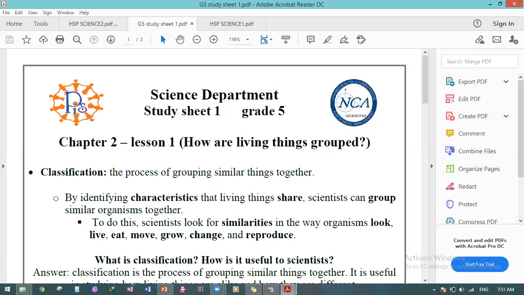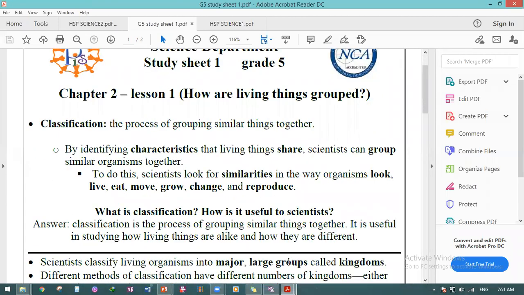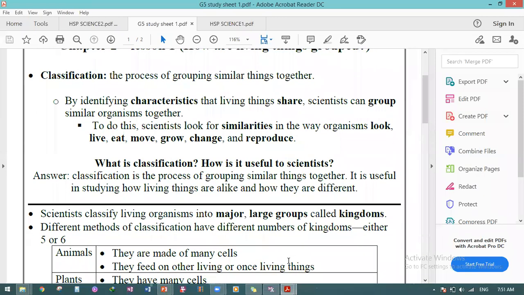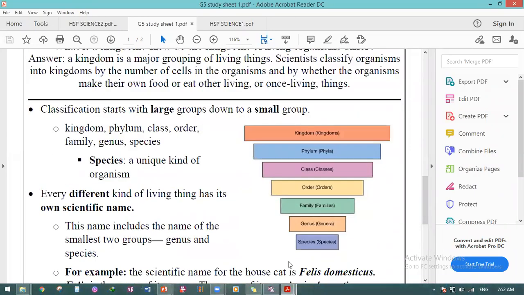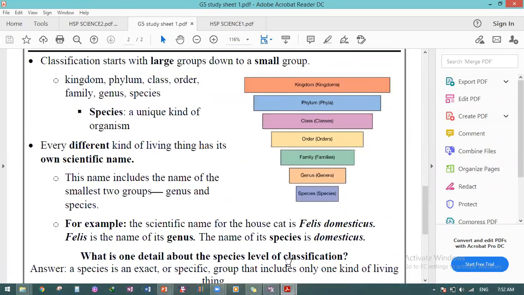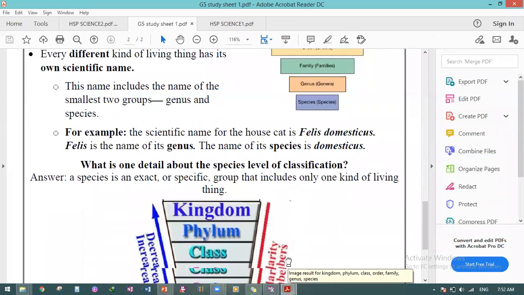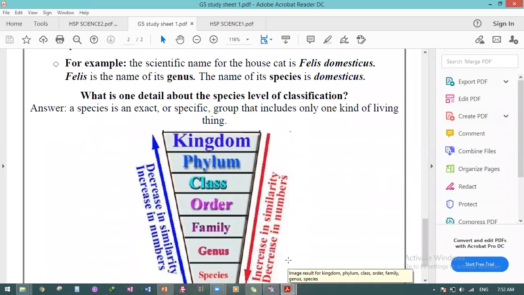So we're starting with lesson 1, talking about how living things are grouped and what the meaning of classification is, how many groups we have for all living things, how we group them and why we group them, and how it is useful for scientists to group living things. We'll also learn about the different levels of classification and how we get them into smaller groups so it will be a lot easier for us to learn about them.